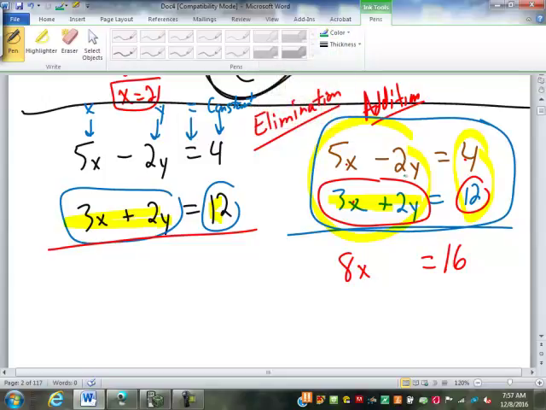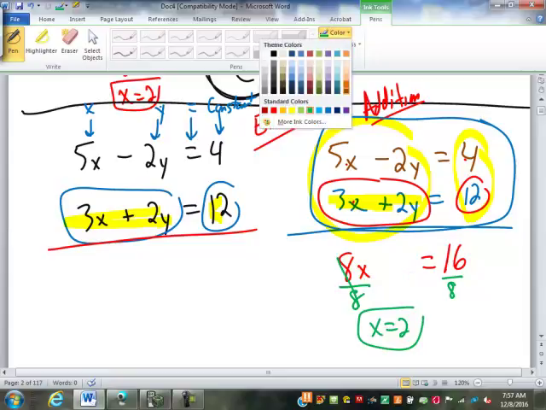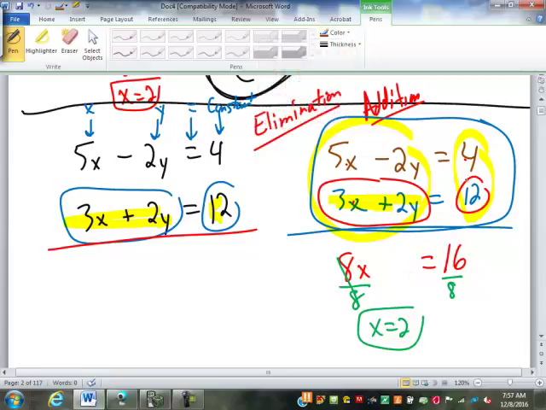And here, the y disappeared. So I can solve for x. Divide by 8. X equals 2, which is what we got up above. To me, that's a lot simpler than substitution.